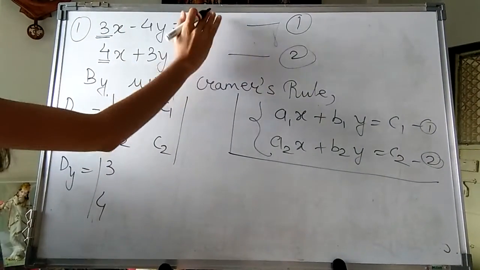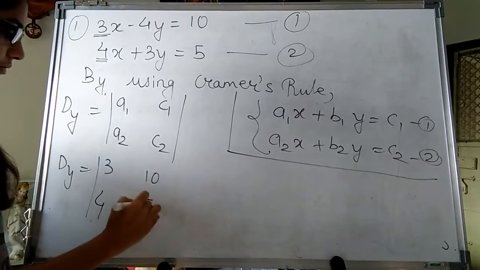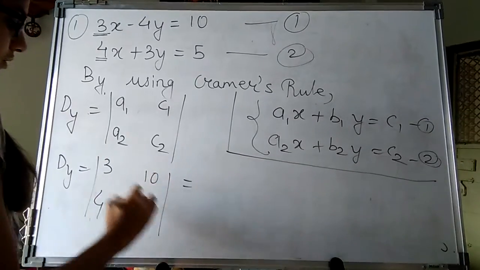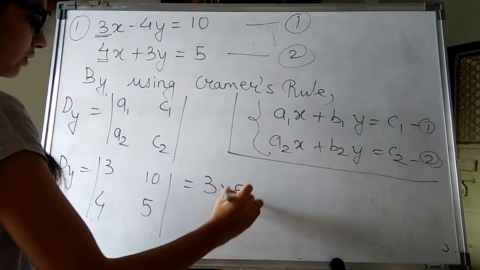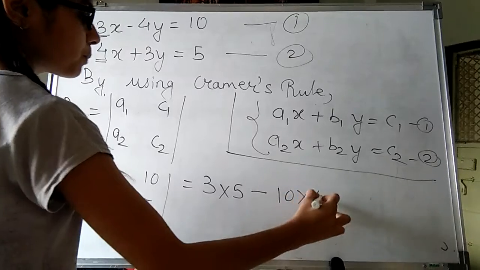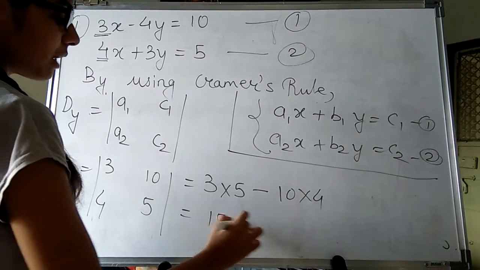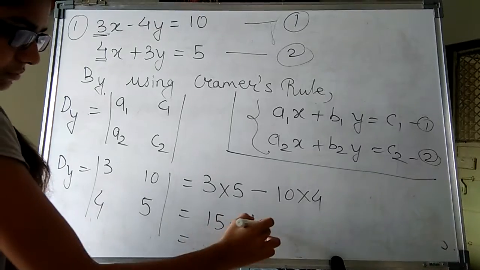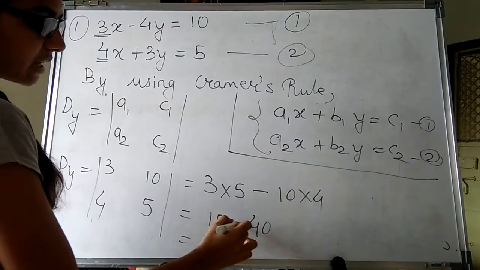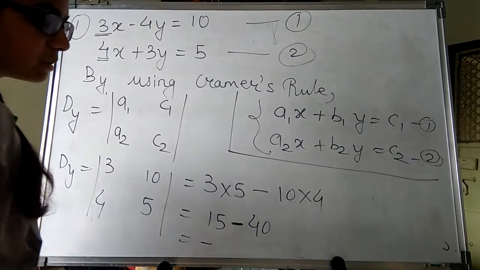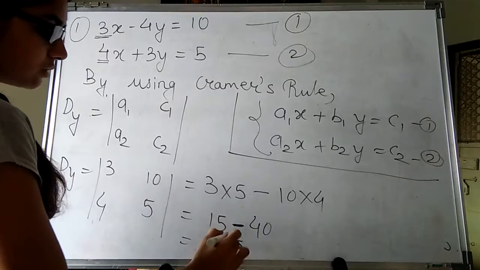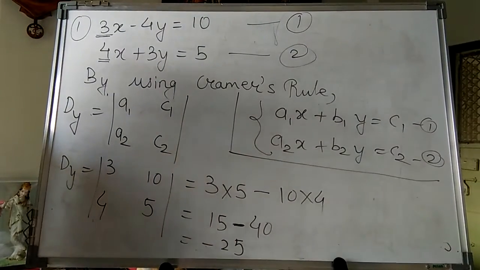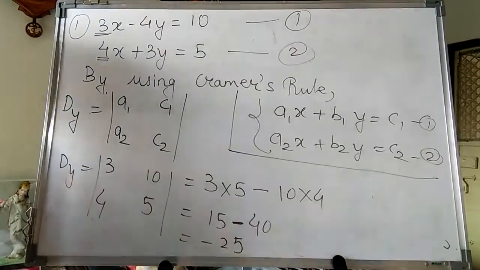Leave the y variable, 10 and 5. So this is 3 into 5 minus 10 into 4. 15 minus 40. Now 15 minus 40. 40 is the greater number and the sign is minus for 40, so the answer will be in minus. So this is minus 25. So dy is minus 25.